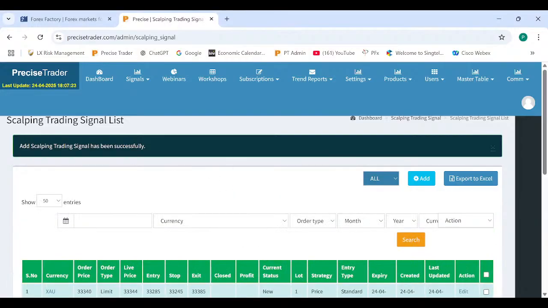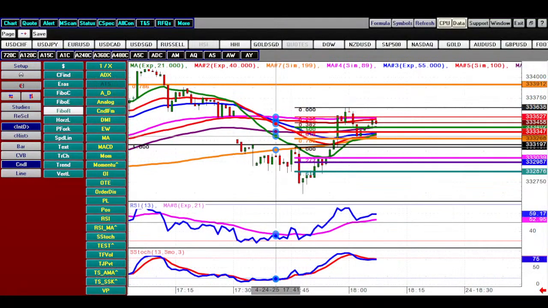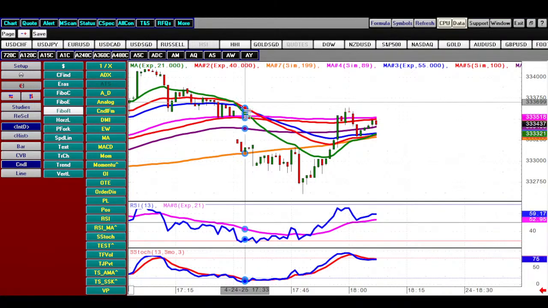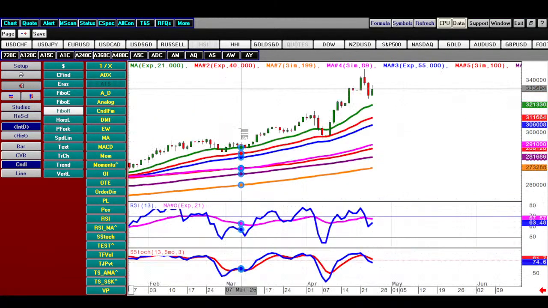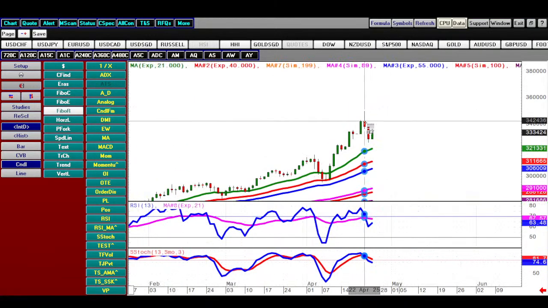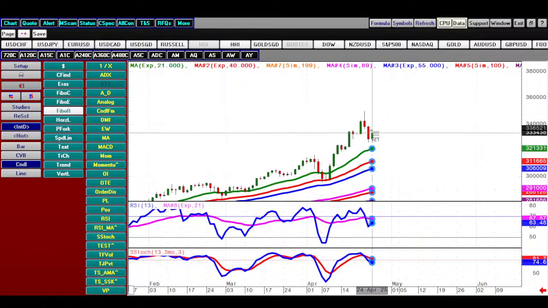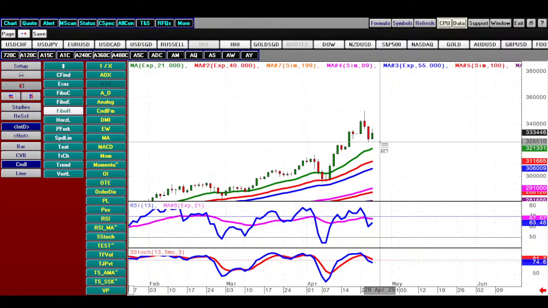So what is expected today is the gold, because the last 2 days it was a down move. Okay, the last 2 days. So today this is just getting itself into the range mode.